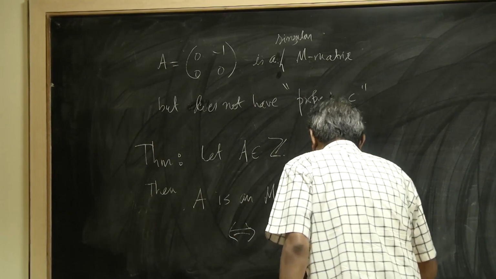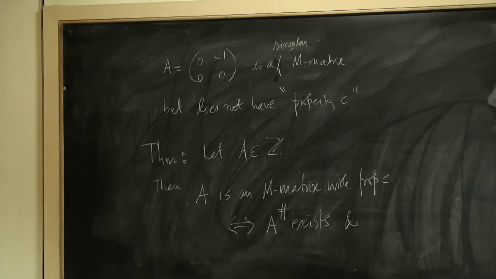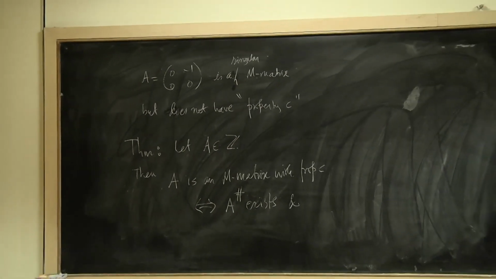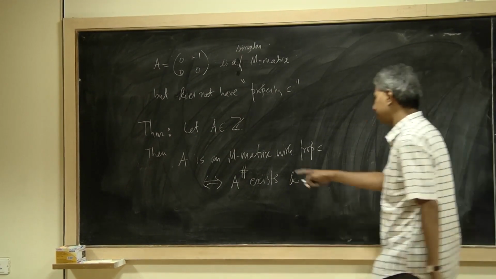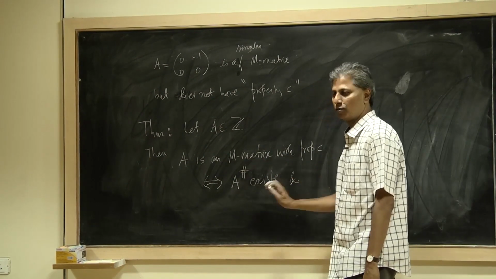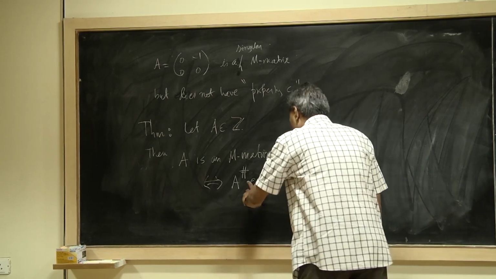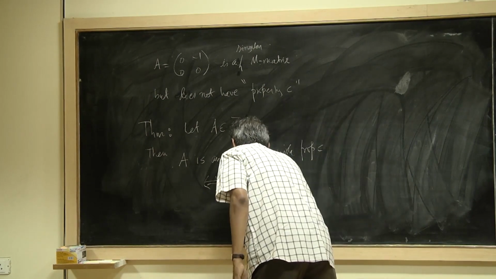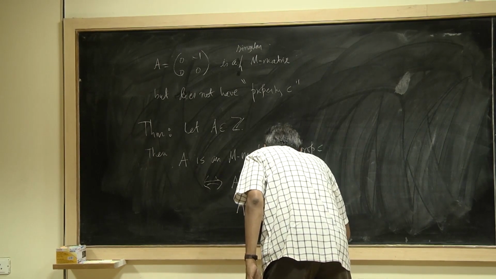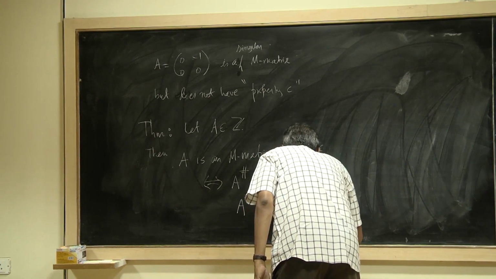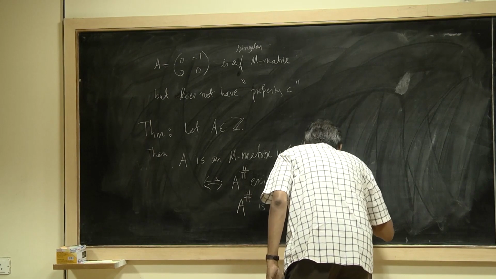A is an invertible M matrix if and only if A inverse is non-negative. A is an M matrix with property C, by which I mean a singular M matrix with property C, if and only if A inverse exists and A hash exists and A hash is non-negative on the range of A.